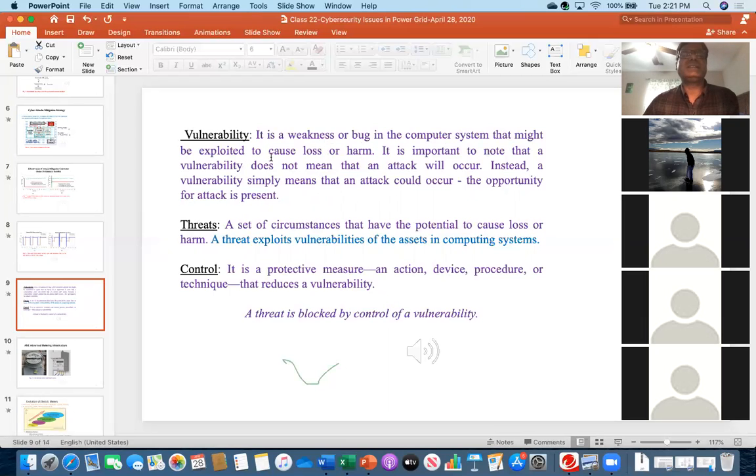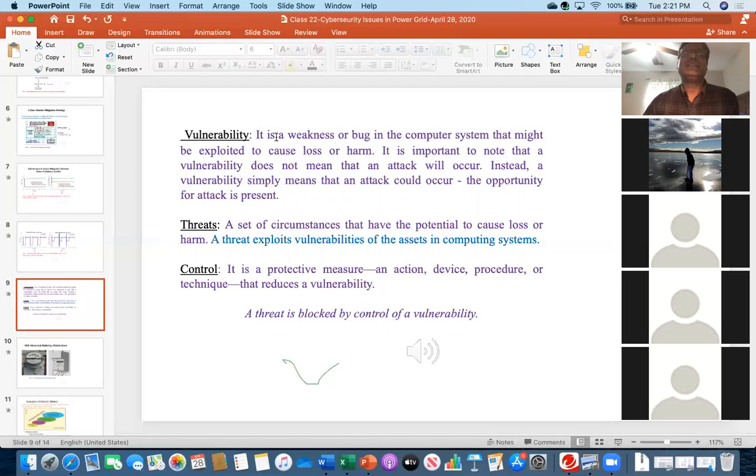From a general sense, you know the meaning. But you have to keep in mind that a vulnerability does not necessarily mean that an attack will occur. Rather, it means that an attack can occur, or there is a high chance or high opportunity for an attack to be present. That is called the vulnerability.